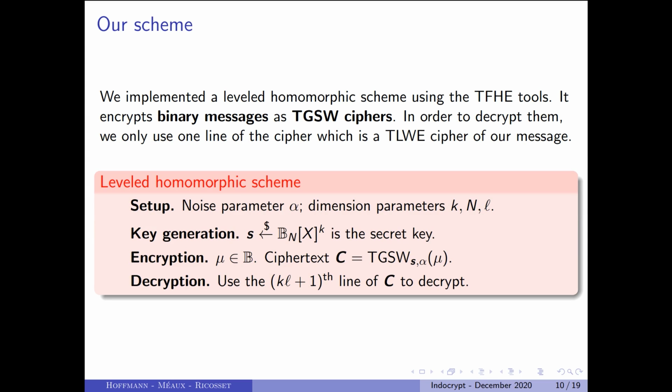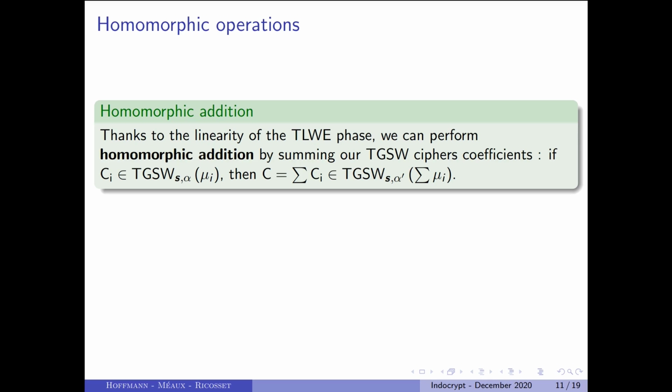The scheme in itself is pretty straightforward. Basically, to encrypt a message, we just create a TGSW sample of this message, and in order to retrieve the message, we use a well-chosen line of our ciphertext, which gives us a TLWE cipher, and when we decrypt this TLWE cipher, we can retrieve the message.